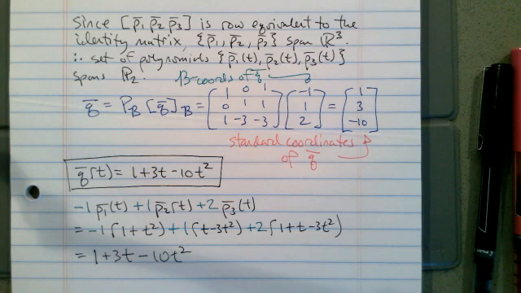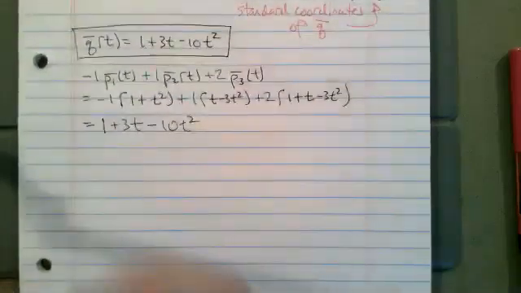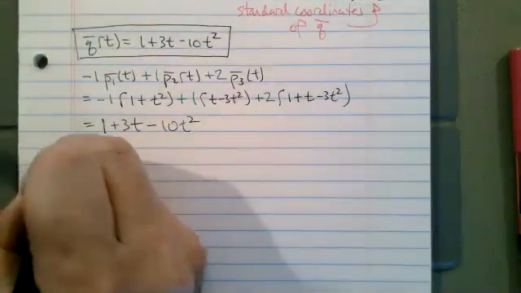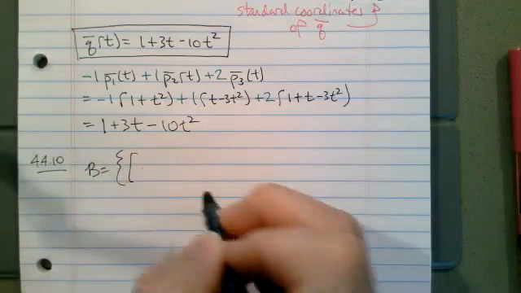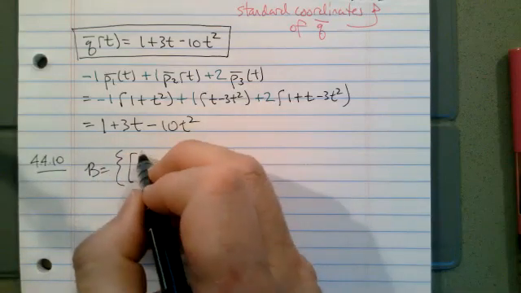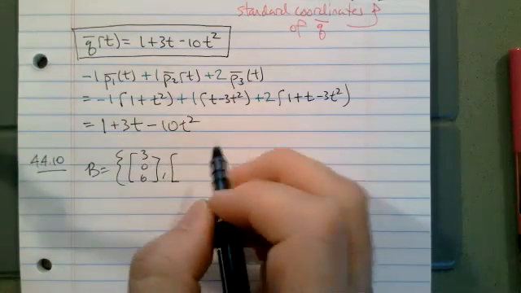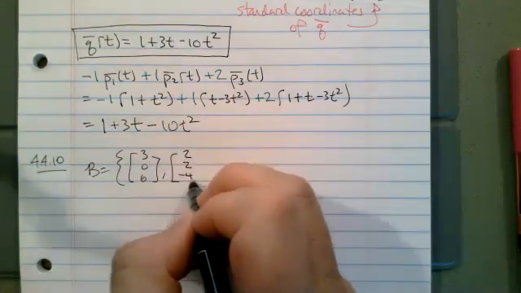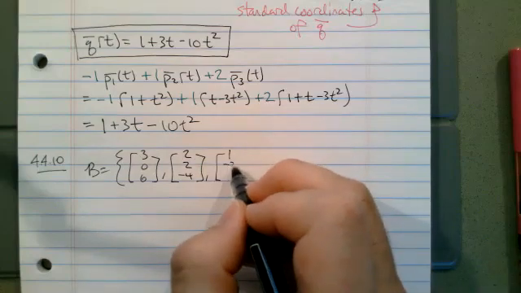In problem 10, we want to find the change of coordinates matrix from B to the standard basis in Rn. So we're given some weirdo basis: 3, 0, 6; 2, 2, -4; 1, -2, 3.